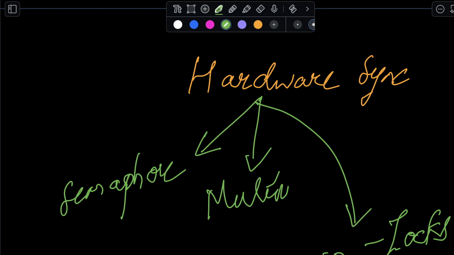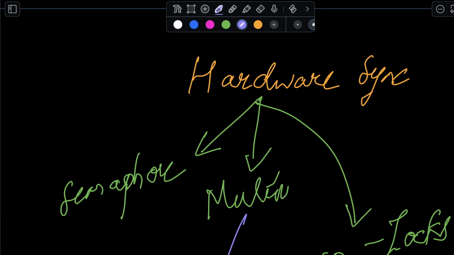Both mutexes and semaphores, as I said, are synchronization tools in concurrent programming, but they have different roles, right? Mutex stands for mutual exclusion. The full form of mutex is mutual exclusion.